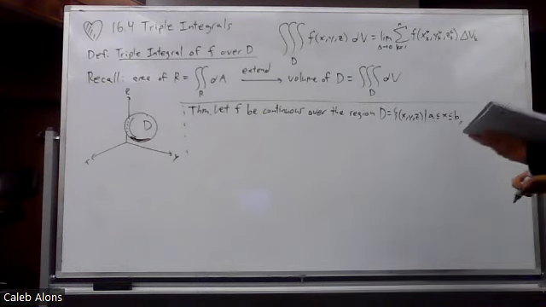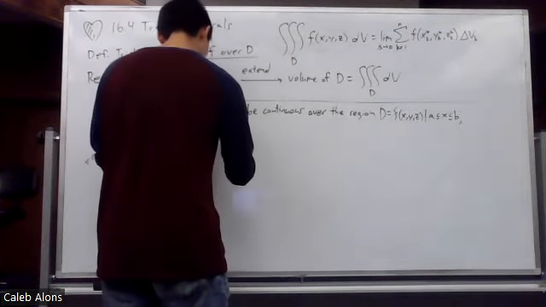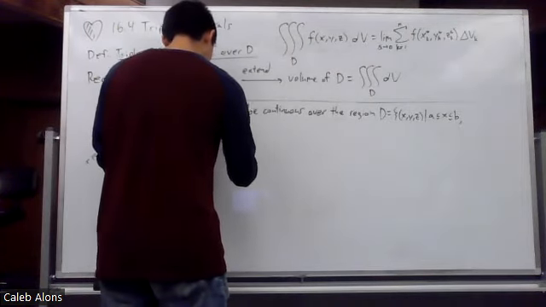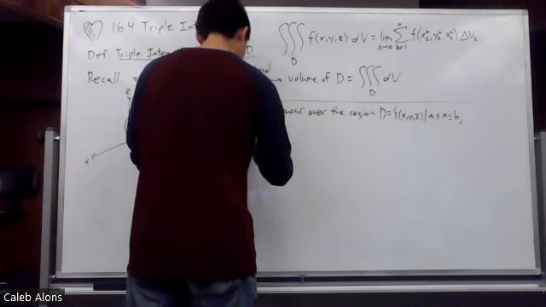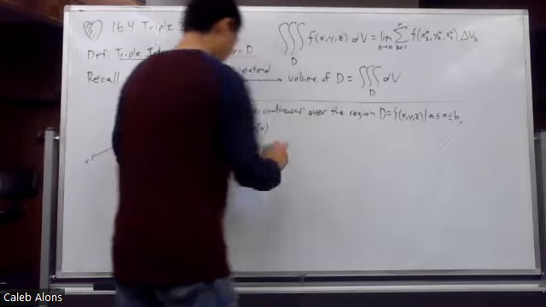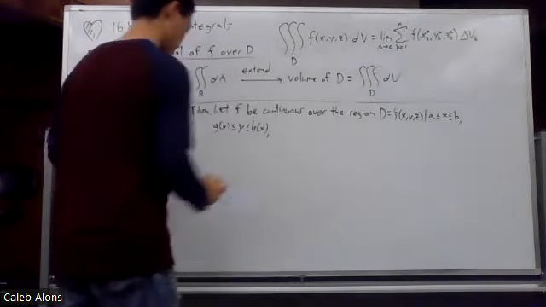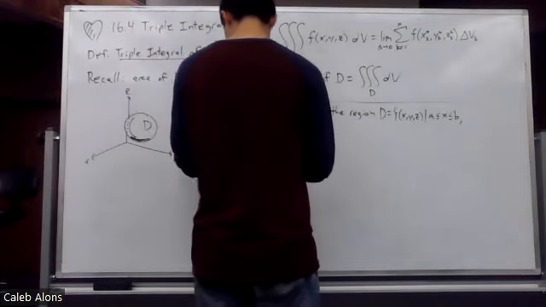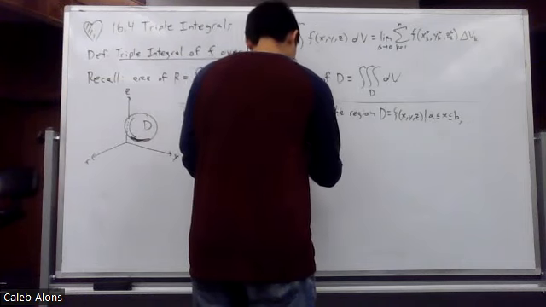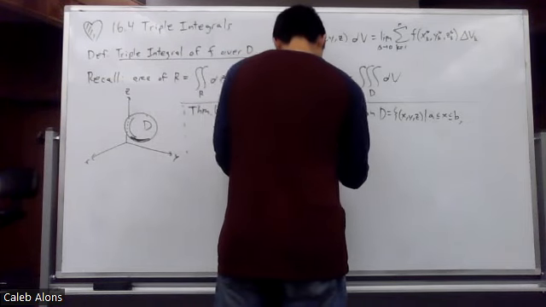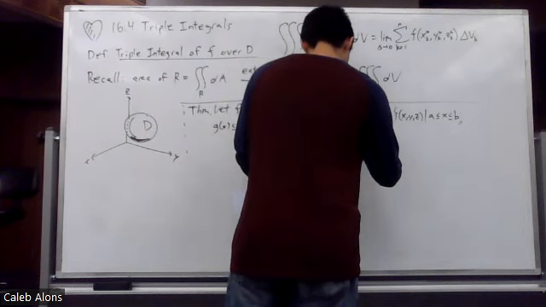Then we bound y by functions of x: g of x less than or equal to y less than or equal to h of x. That's really similar to what we did with double integrals. The only thing we add now is the third variable: some big G of x, y less than or equal to z less than or equal to big H of x, y.